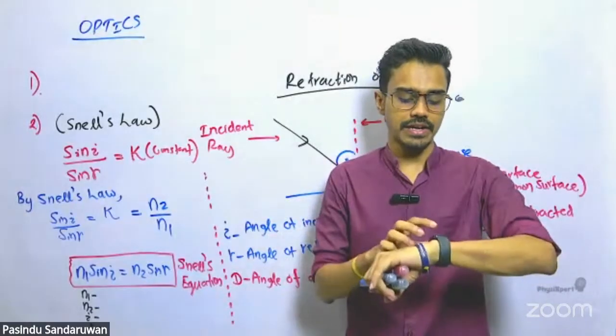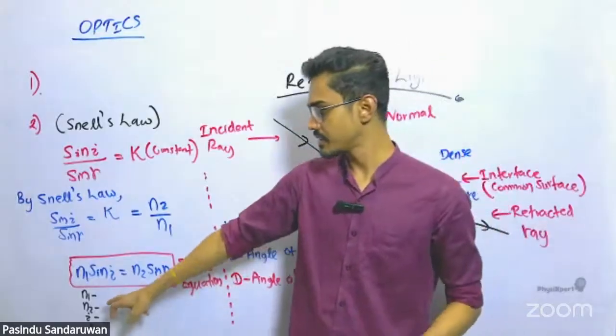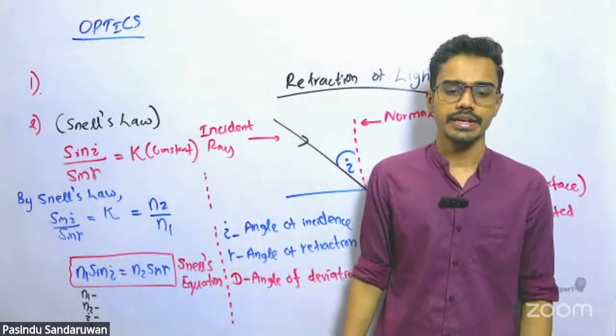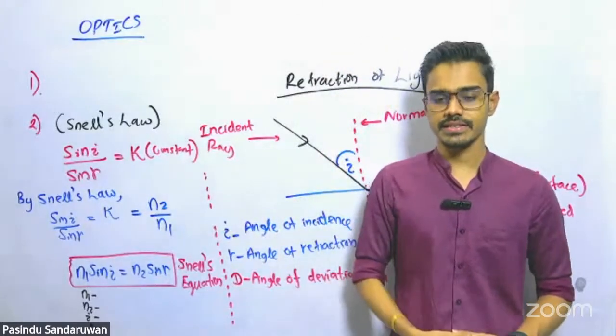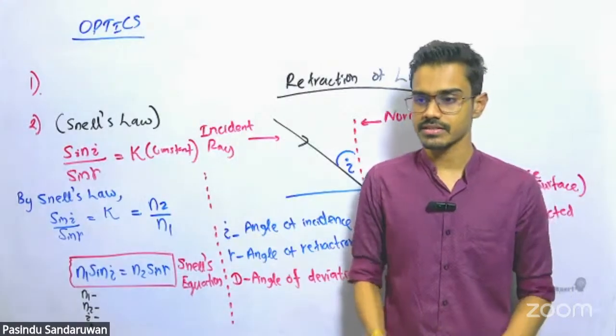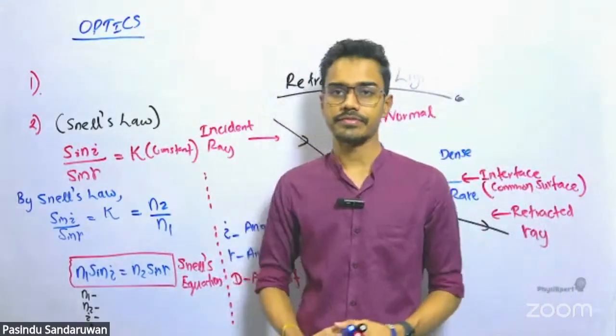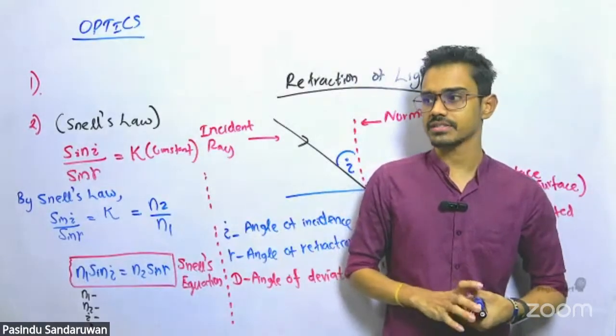N2, refractive index of second medium. I, angle of incidence, and R, angle of refraction.